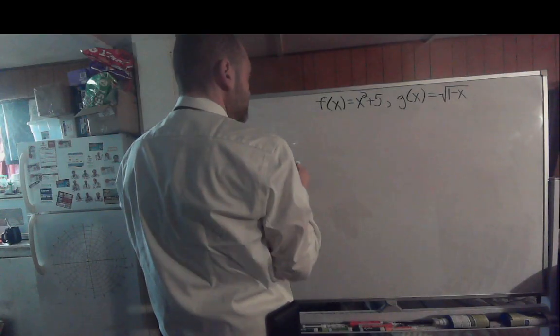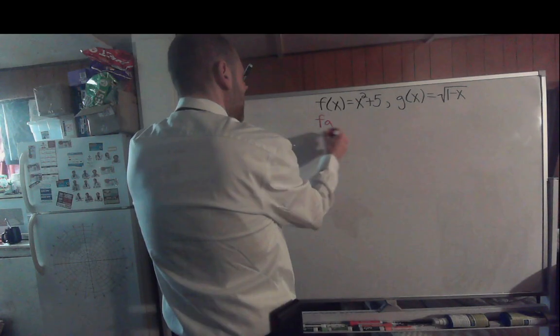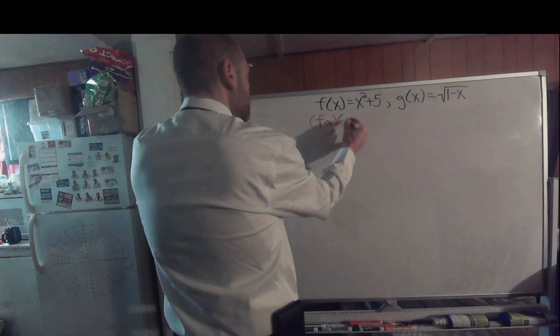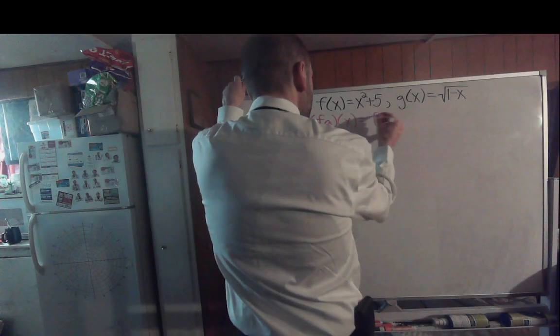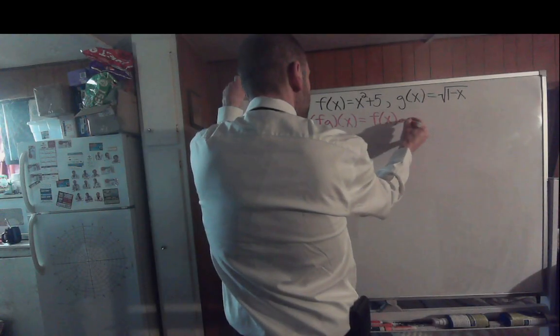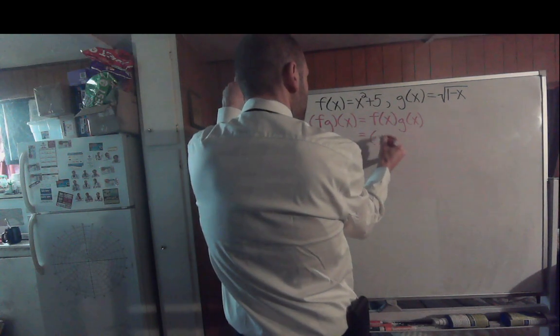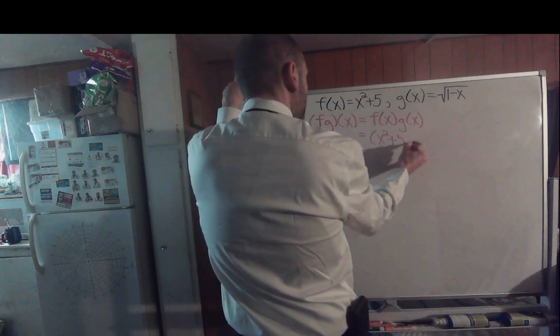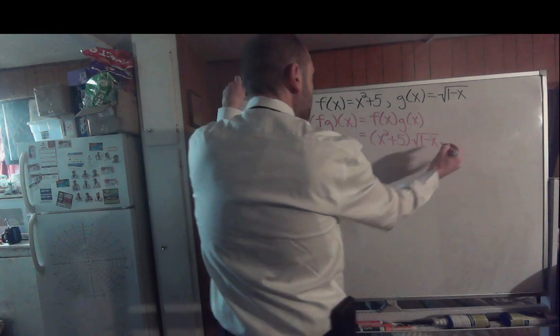Alright, so now let's do f times g of x. And what are we going to get? We're going to get f of x times g of x. So that would end up giving you x squared plus 5 quantity times the square root of 1 minus x.